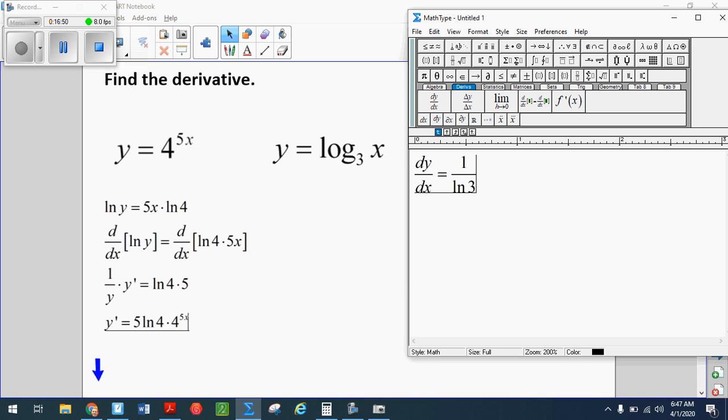So the over natural log 3 is already there. And now I'm taking the derivative of natural log x, which is 1 over x. And I think that's it. But let's check. Let's put that in there and then check my rule and see if I got it right.